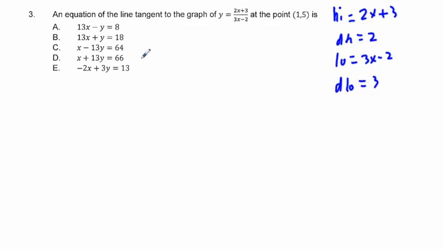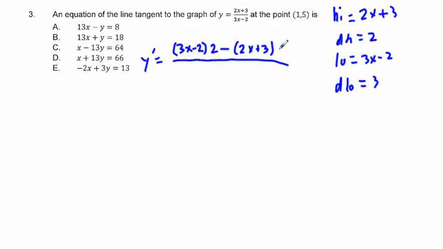And so y prime is equal to the low, 3x minus 2, times the derivative of the high, which is 2, minus high, quantity 2x plus 3, times the derivative of the low, which is 3, all over low squared, which is quantity 3x minus 2 squared.